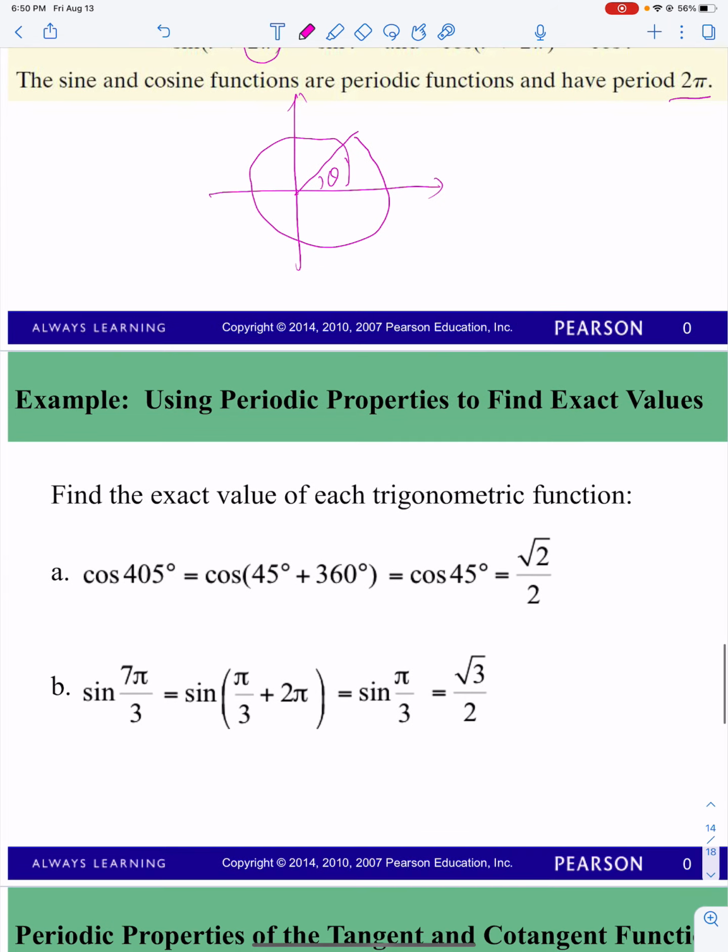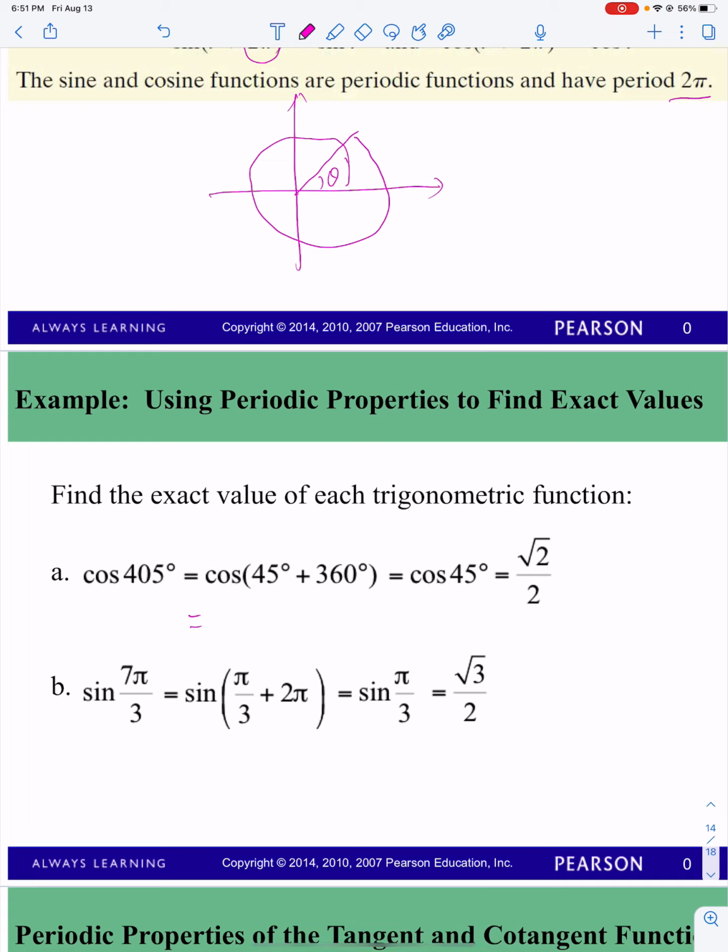Okay, find the exact value of each trigonometric function. Like cosine 405 degrees. Because this is an angle bigger than 360, what could we do?